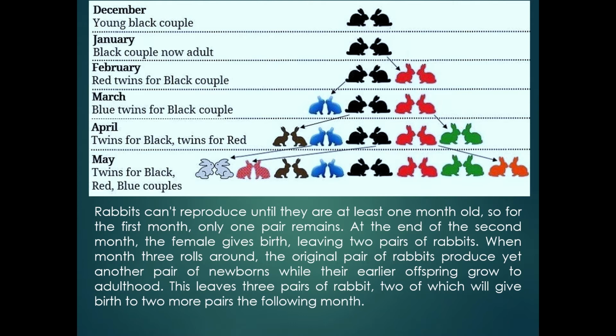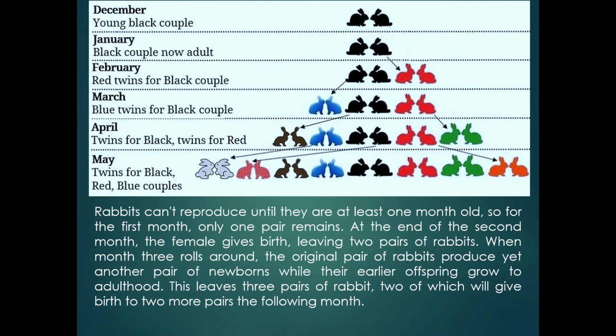Okay, and it continues infinitely. From this he recognized there is a nice pattern. It starts with 1, then second time it's also 1, after that it becomes 2, then 3, then 5, then 8, then 13, and so on.